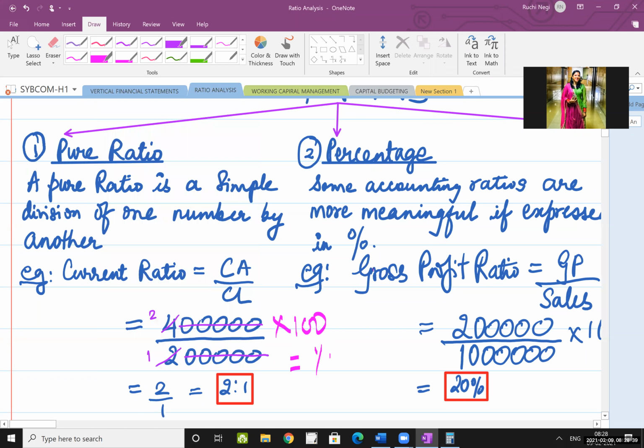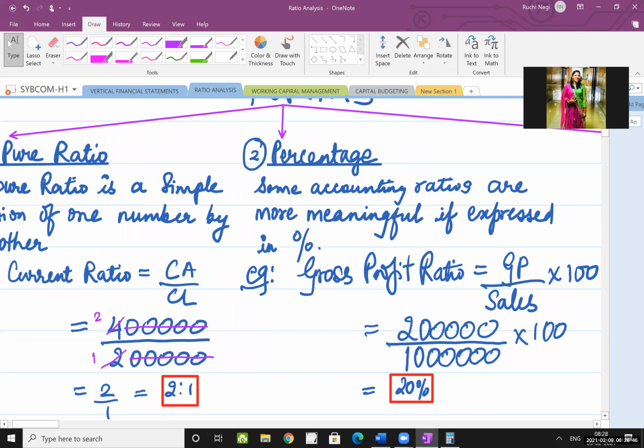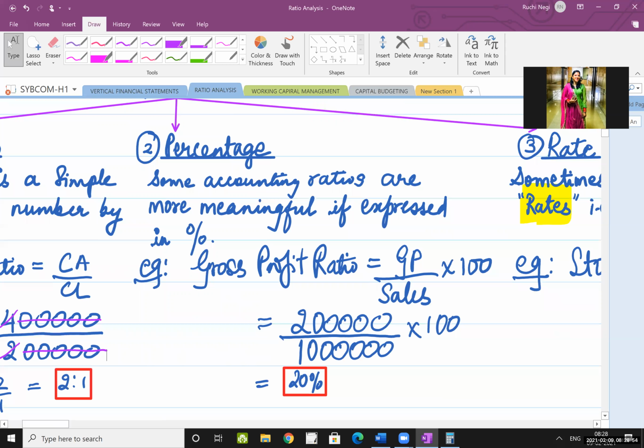So what happens is, if you express any ratio in percentage, that ratio itself becomes more meaningful. I'll give you one more example. If I tell you a student has scored 516 out of 700, you will understand.